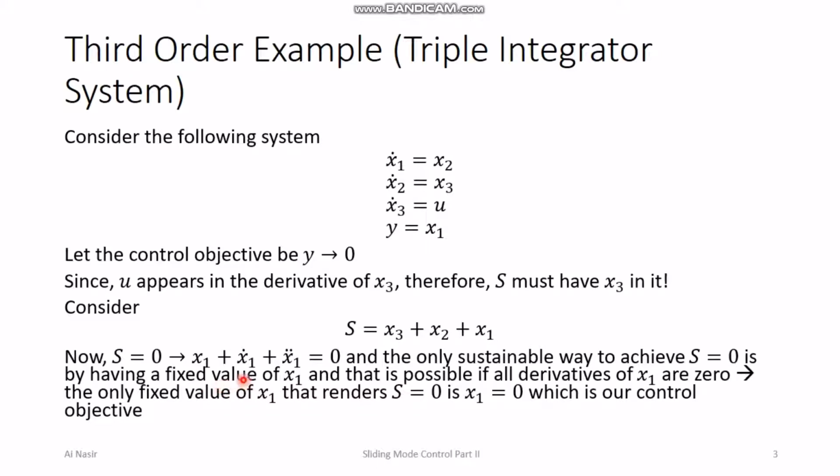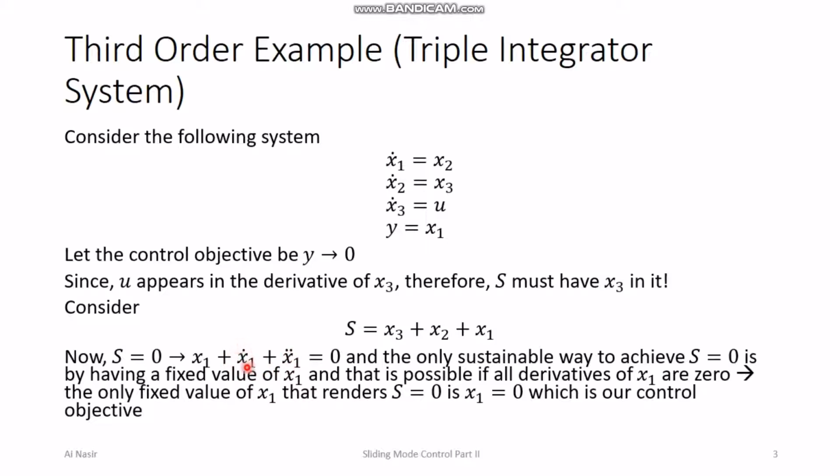Because assume that S equal to 0 is achieved with a non-zero value of any one of these three. If x1 is non-zero, then the derivatives will also have to be non-zero in order to cancel out x1 and make the whole sum equal to 0. And if any of these is non-zero, that means x1 will change, since these are rates of change of x1.